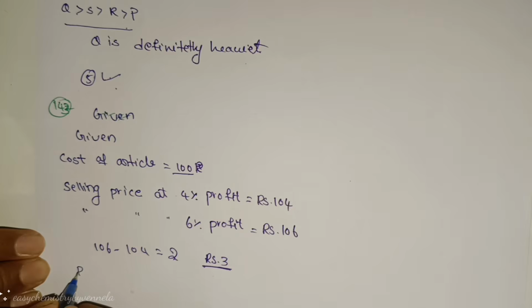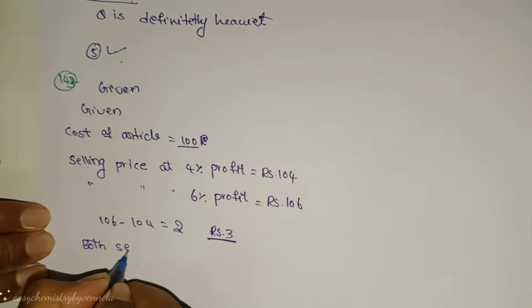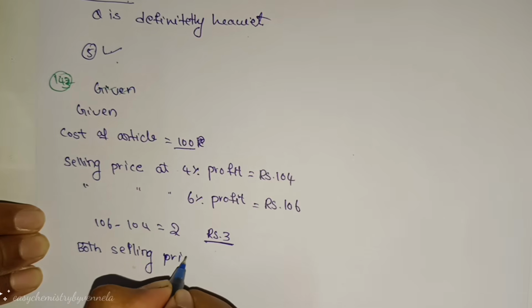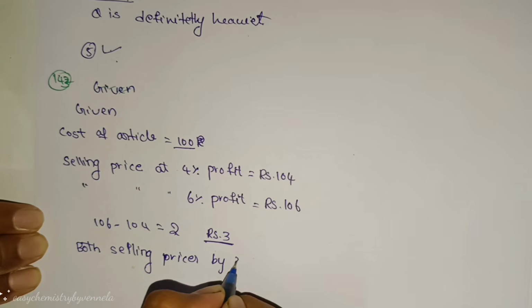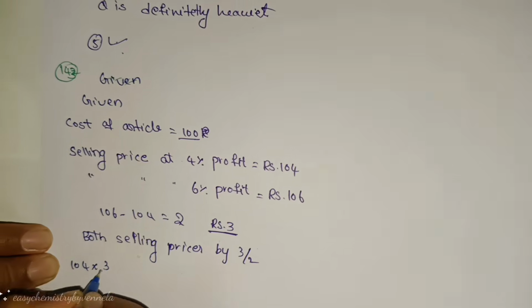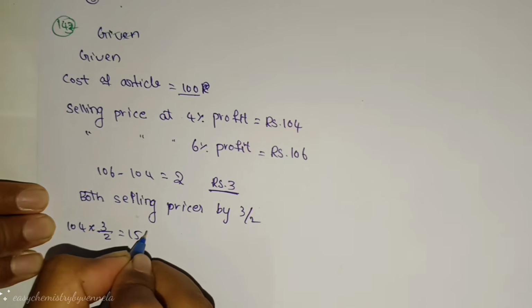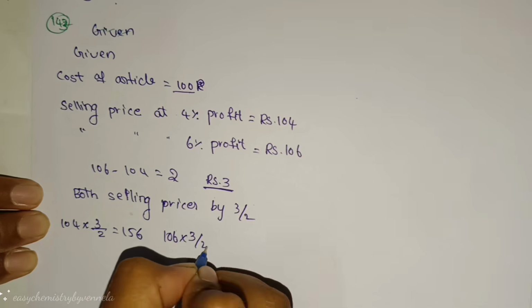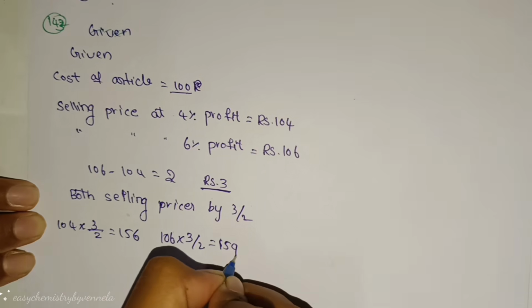So both selling prices are multiplied by 3 by 2. 104 into 3 by 2 is equal to 156. Next, 106 into 3 by 2 is equal to 159.